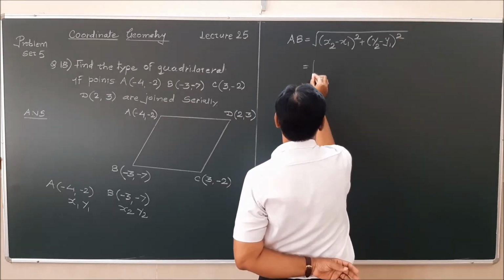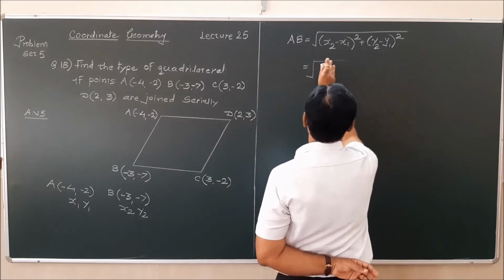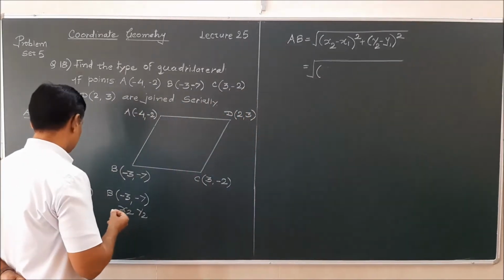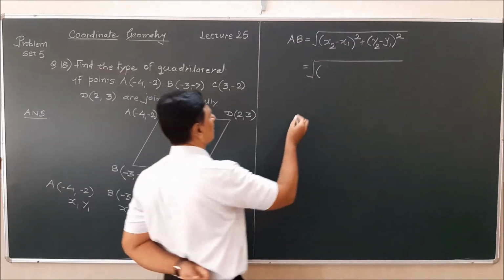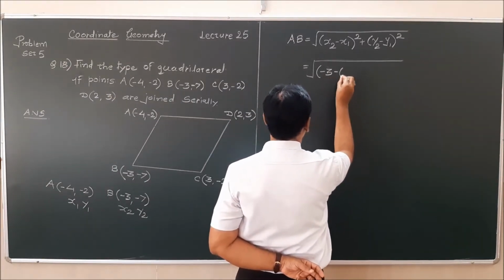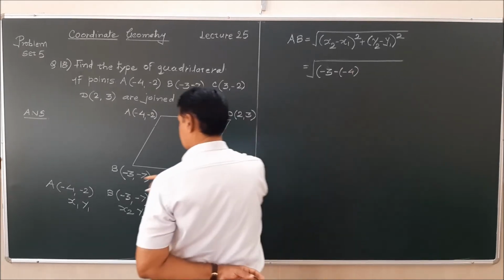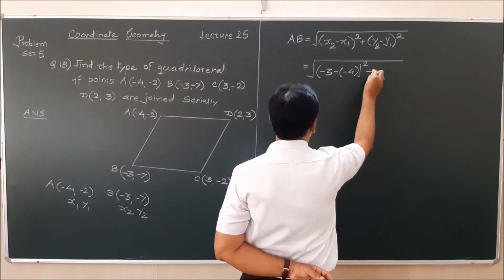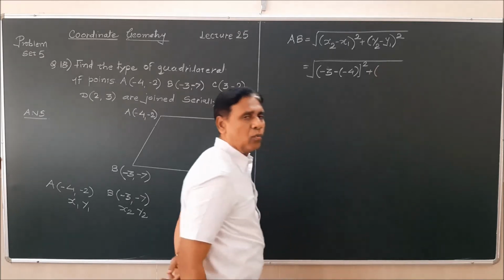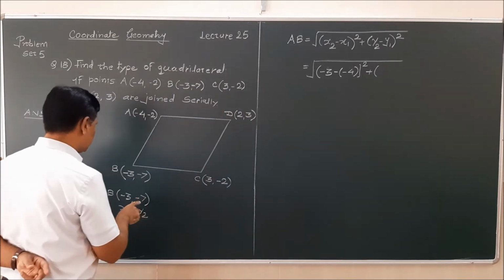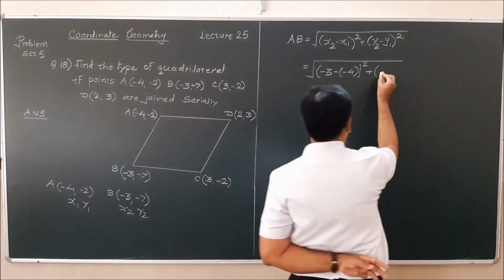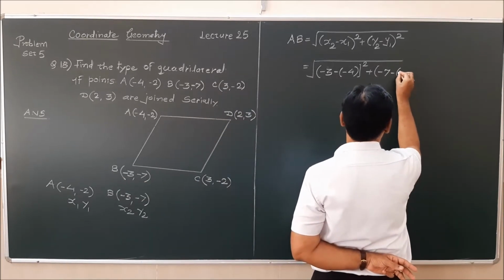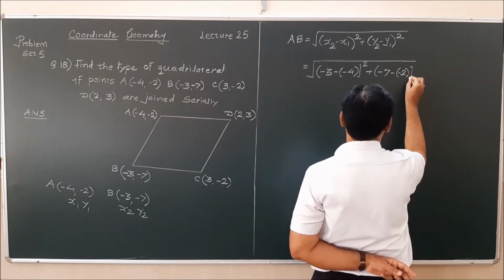That will give us AB equal to root of (minus 3 minus of minus 4) the whole square, plus (y2 minus y1, y2 is minus 7, minus of minus 2) whole square, that is (minus 7 minus of minus 2) whole square.